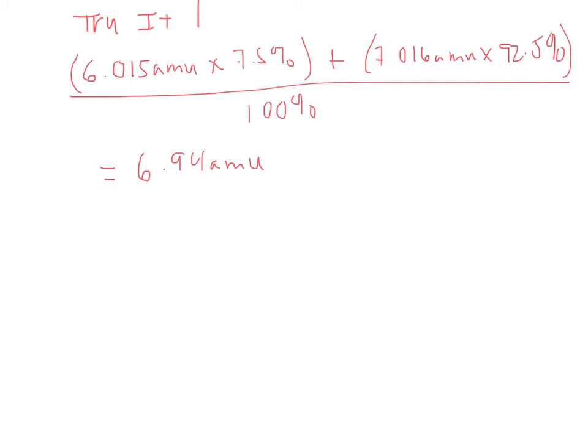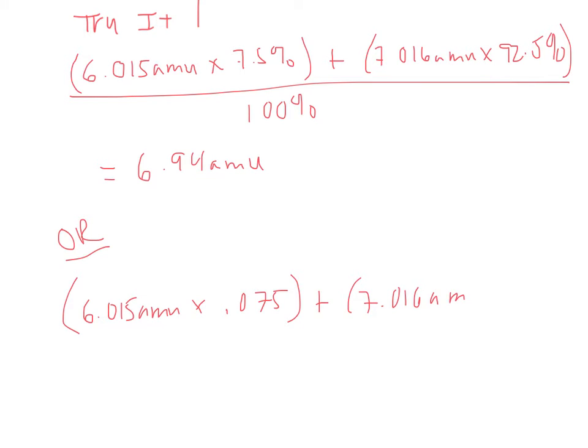The other way to do it, and the way some of you maybe thought about doing it, and this is fine, you'll get the same number, is take the 6.015 AMU and change your percent to a decimal right away, times 0.075, and then 7.016 AMU times 0.925. And this works exactly the same. You will also get 6.94 AMU.